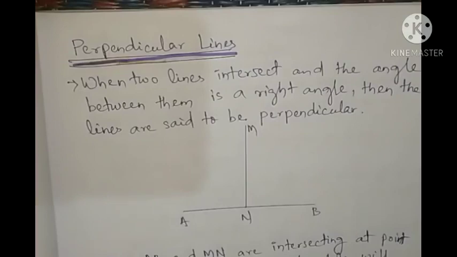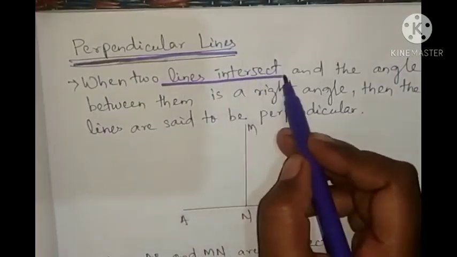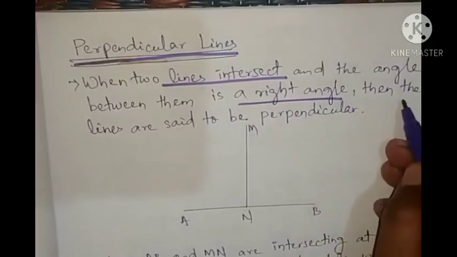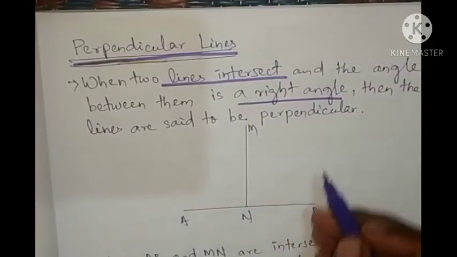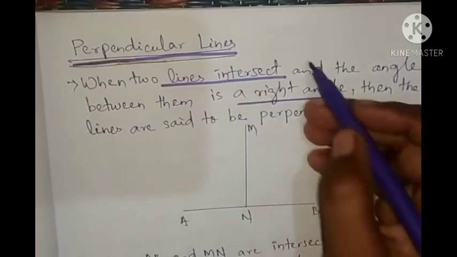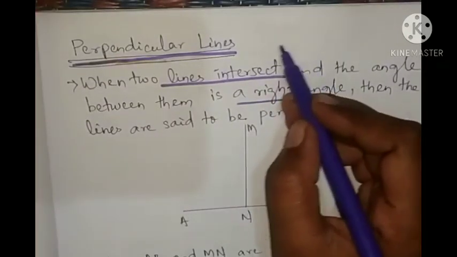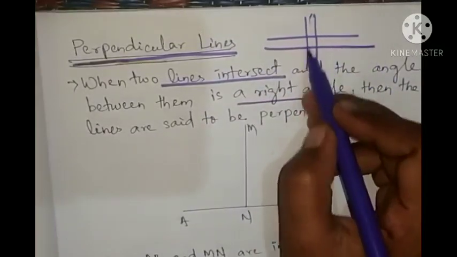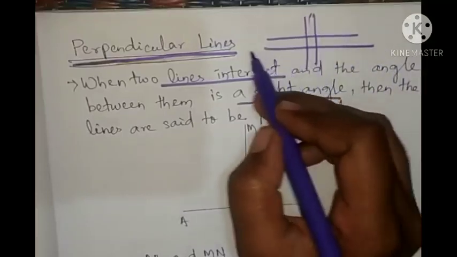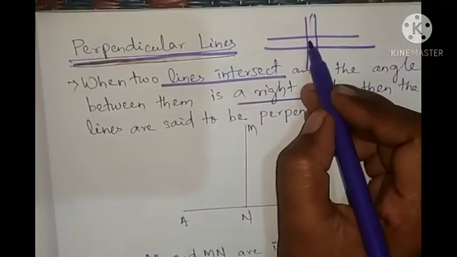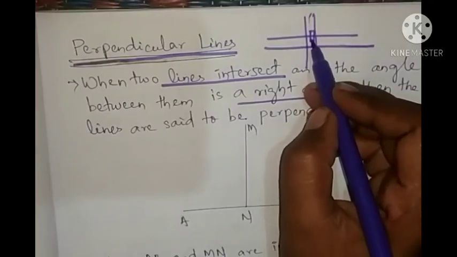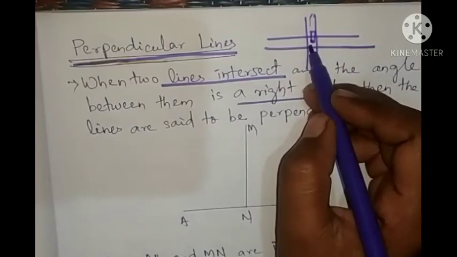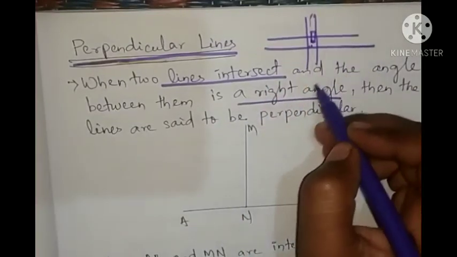What is perpendicular? When two lines intersect, and the angle between them is a right angle, then the lines are said to be perpendicular. You have seen the crossroad. In a crossroad, 4 roads are there, means 2 roads are crossed, that's why it is a crossroad. Here a traffic post used to be there, so she can control all the traffic, all the vehicles.